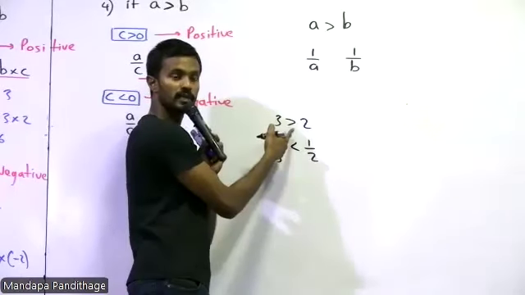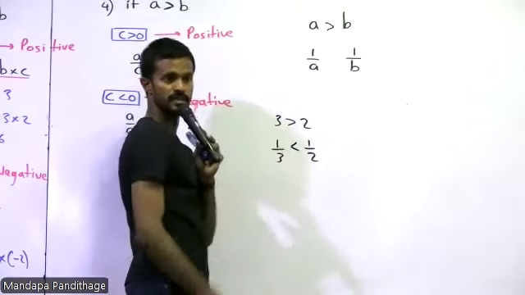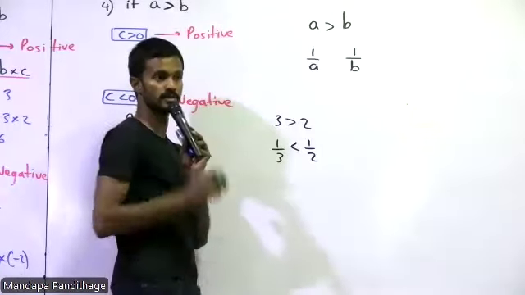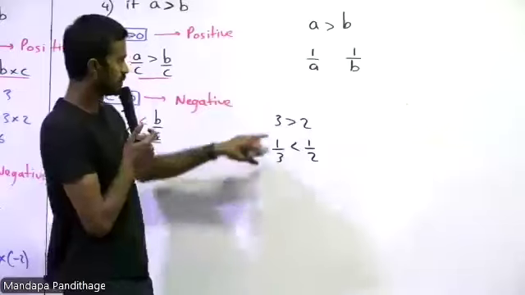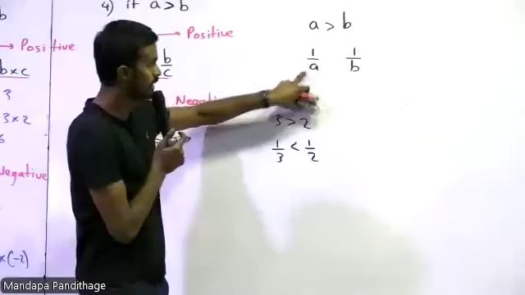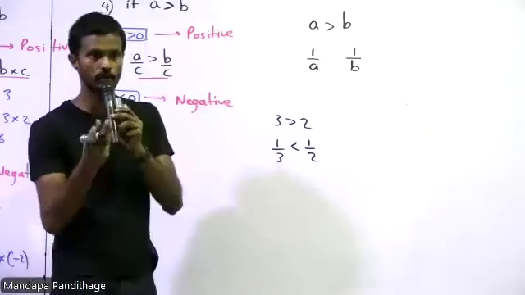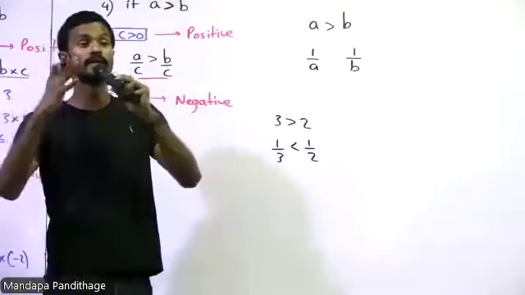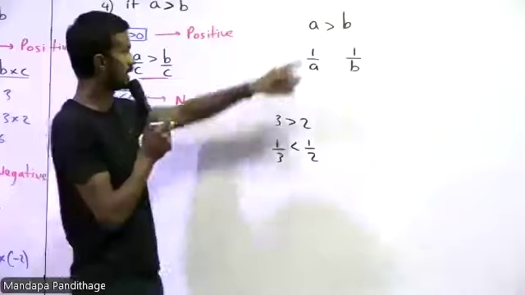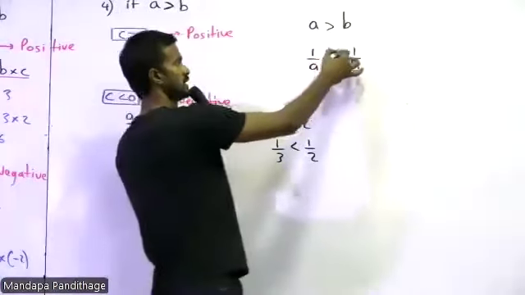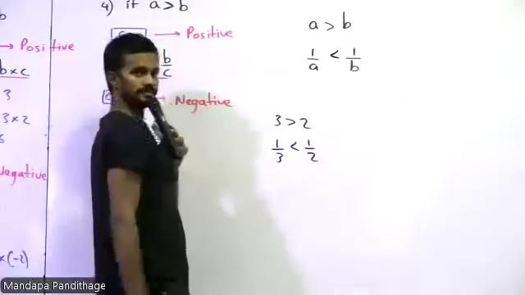So what happened to the inequality? It changes. If the denominator is increasing, the entire number is decreasing. So when A is greater than B, you might think the sign changes.